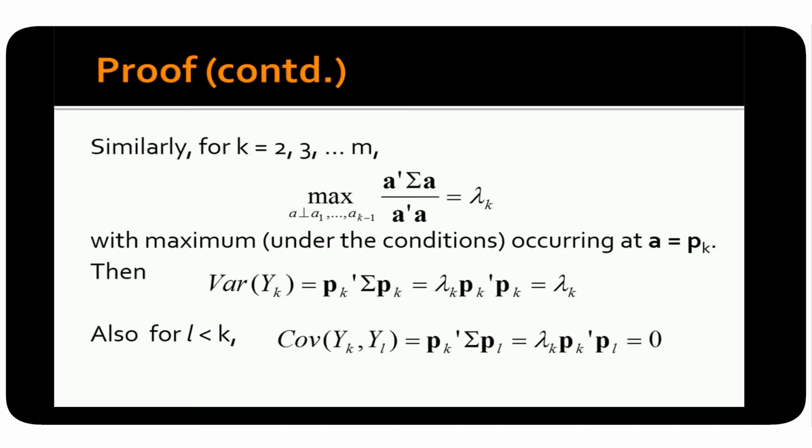So, we now have the eigenvalues which give us the variabilities of each principal component, and the eigenvectors which lead us to the linear combinations for each principal component. And since the eigenvalues are ordered, the first principal component has the maximum variability, and so on and so forth.